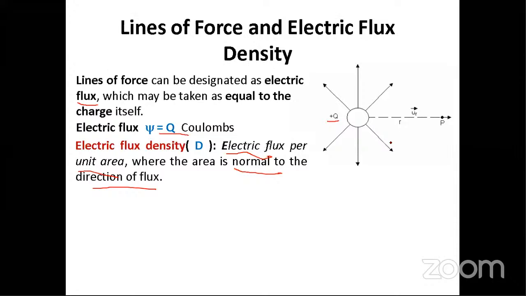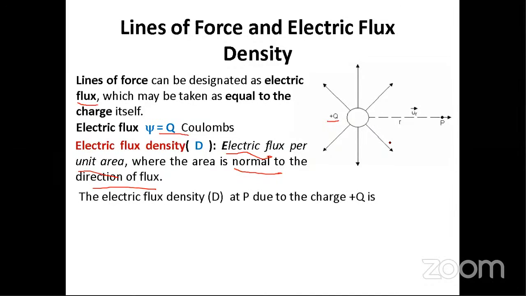So if I consider that the charge is Q, the electric flux density at this point P due to the charge Q is D, and D denotes the electric flux density, which is charge per unit area.